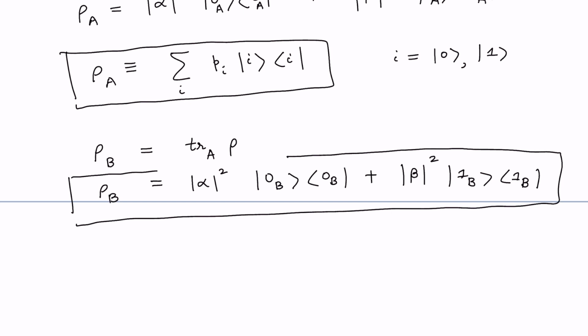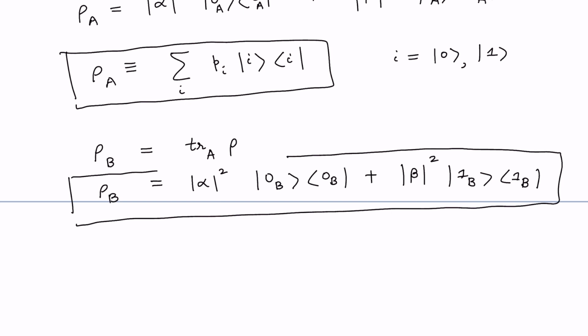And this is happening because system A and system B are entangled with one another, and when they are entangled, they lose their individual identity, and we have to consider them together. It also tells us that if you perturb or disturb or measure one system, then automatically the other system is getting affected or disturbed.